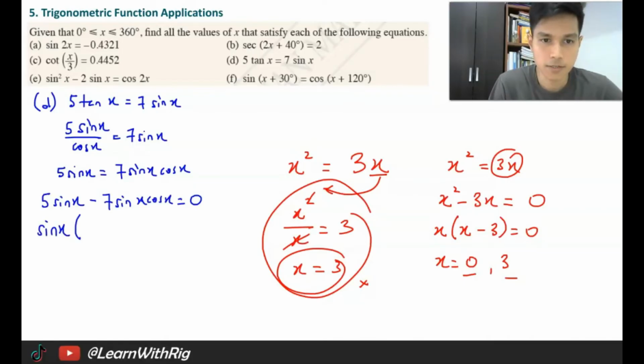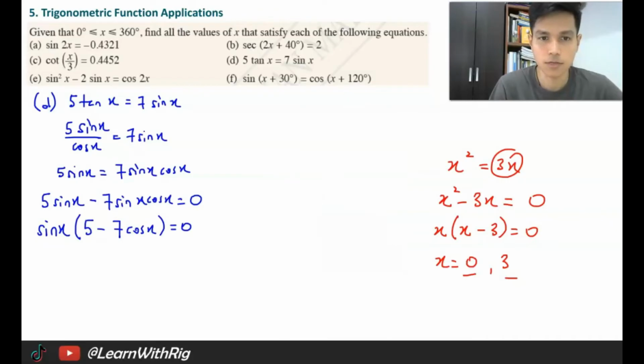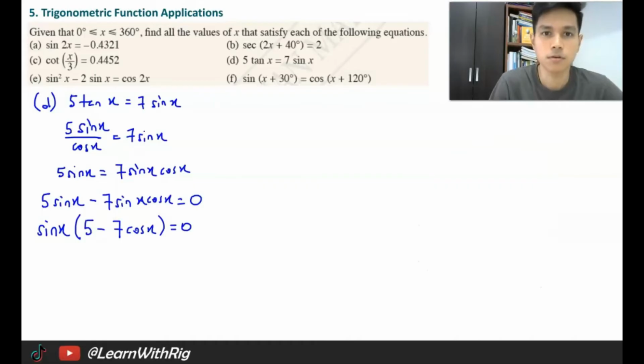When you factorize sin x, you get 5 minus 7 cos x equals 0. So from here, you know that you have two answers. One is sin x equals 0, one is 5 minus 7 cos x equals 0. Let me write here. Sin x equals 0. Second one is 5 minus 7 cos x equals 0.